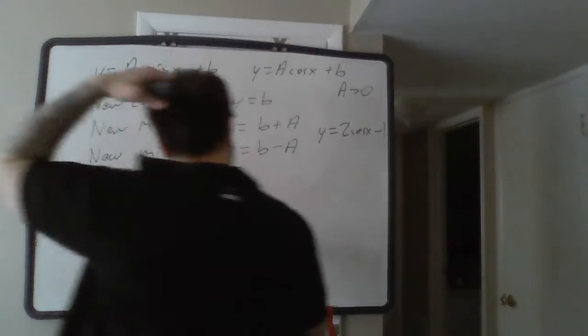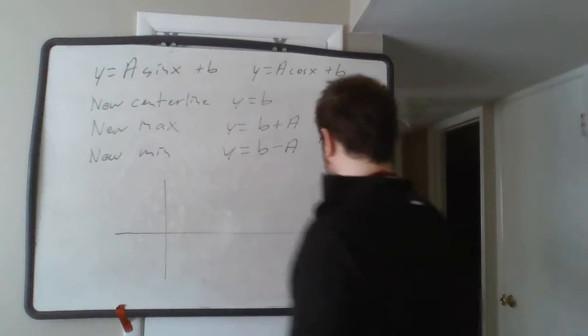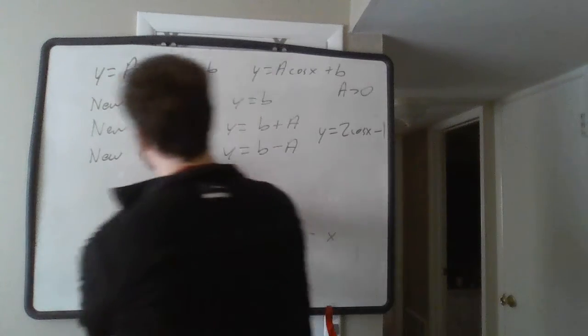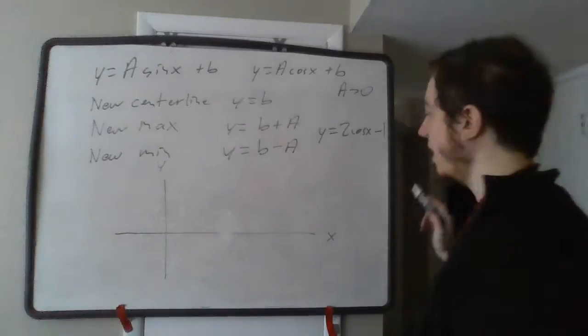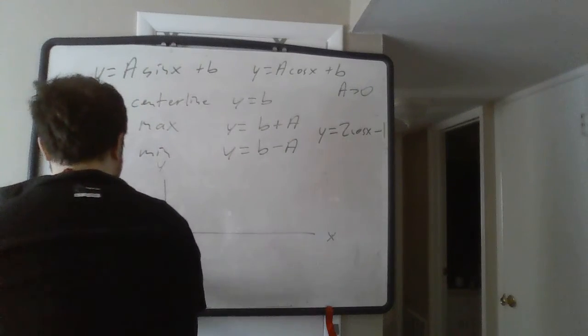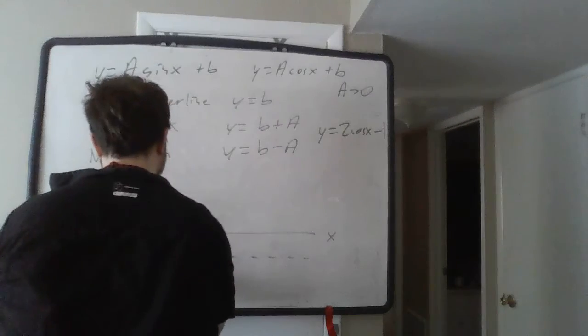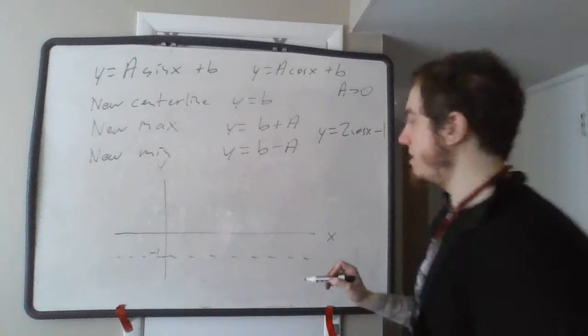Okay. Well, the way that we're going to do this is I'm going to make my graph here. Here's my x-axis, here's my y-axis. My new center line is going to be at -1. So I'm going to put a little dotted line here at -1. That's going to be my center line.